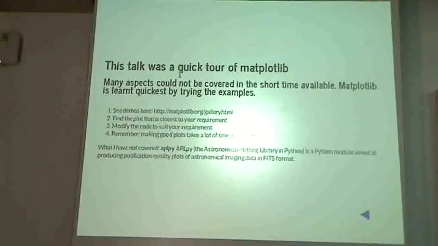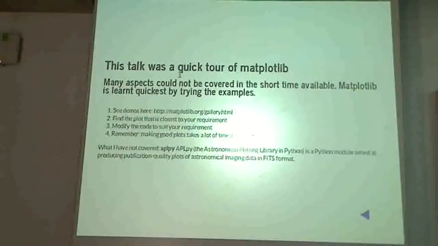it is quite easy. What I have not covered today is a separate module called APLPy. It's called ApplePy by some people. It's the astronomical plotting library in Python. Basically, it's a Python module that sits on top of Matplotlib and adds some more functionality that Matplotlib doesn't have.